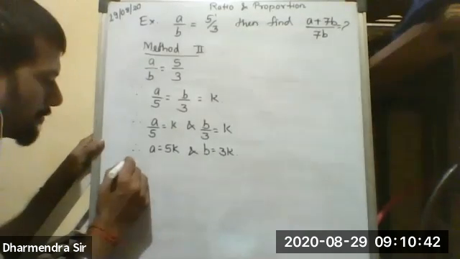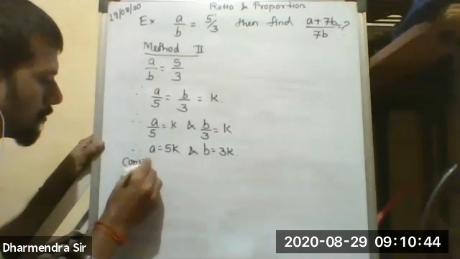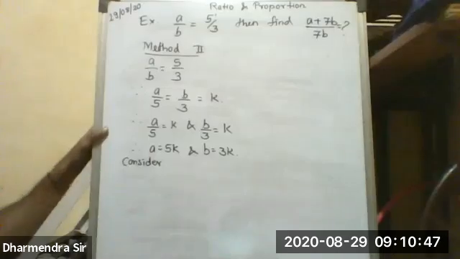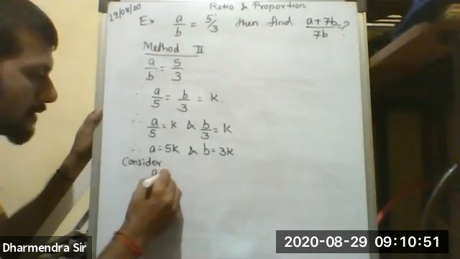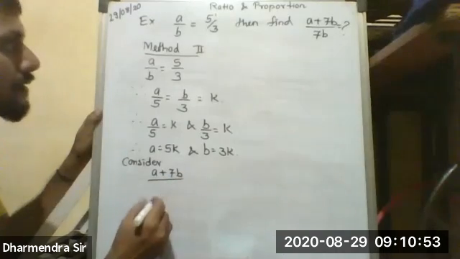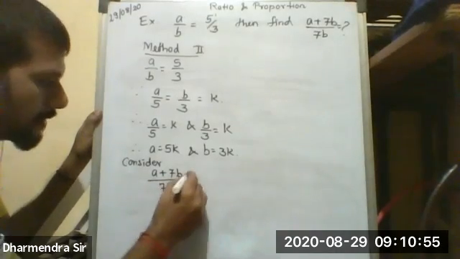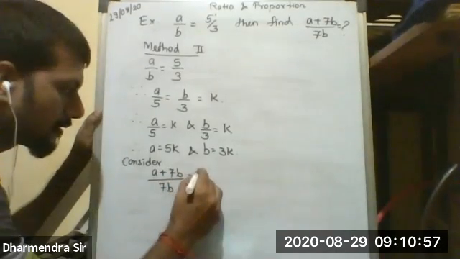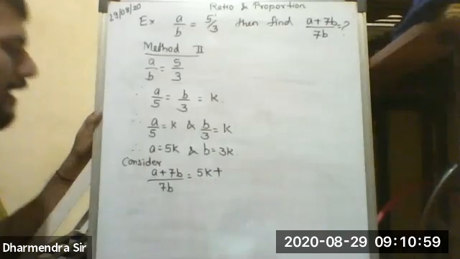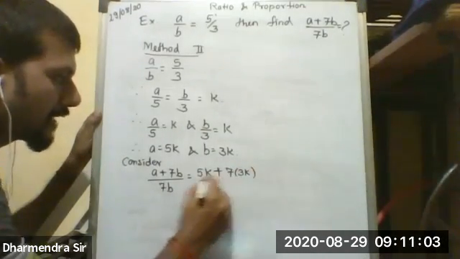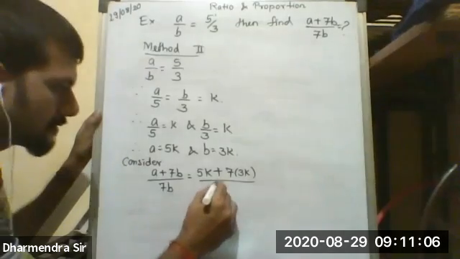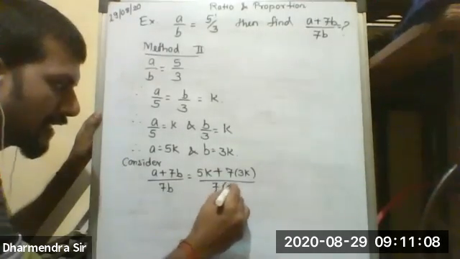Now consider what we need to get the value of. We need to get the value of a plus 7b divided by 7b is equal to, value of a is 5k and value of b is 3k, divided by 7 into value of b is 3k from here.